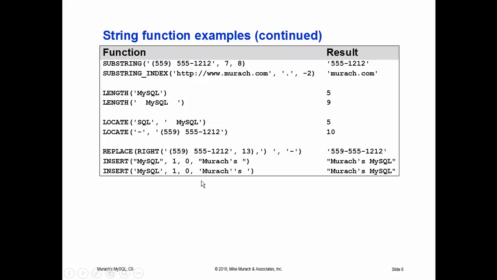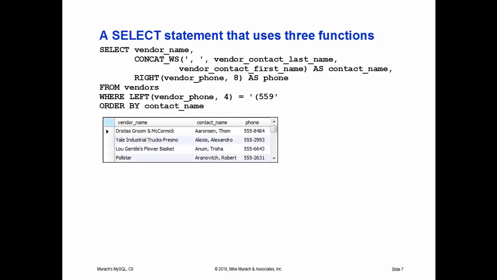And again, I don't want to keep going over all of these examples. Hopefully you'll find most of the ones in there are at least fairly intuitive. Here's an example of something that uses a bunch of these. Well, let's look at this.